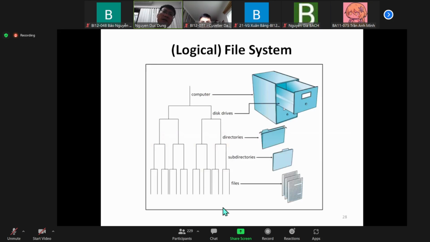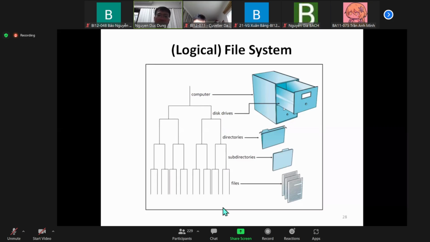And the logical file system is usually organized in three structures. For example, in our computer, we would have one disk, or one disk divided into several partitions. In each disk drive, we have different directories serving different purposes, or different folders storing different types of programs and information.